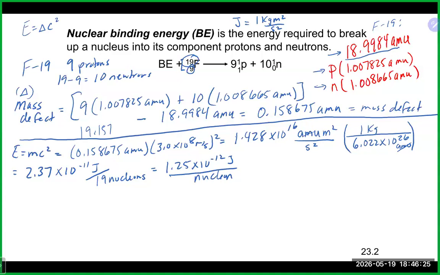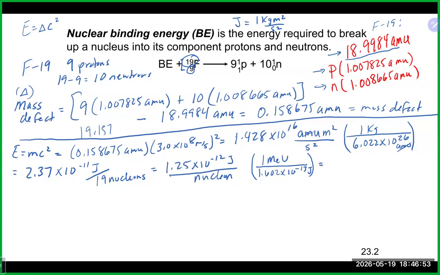Now, like I said before, that is a very common unit of binding energy. Also, mega electron volts per nucleon is a very common one. So you could use, for example, 1 mega electron volt is equal to 1.602 times 10 to the minus 13 joules. That conversion we saw on the previous slide.